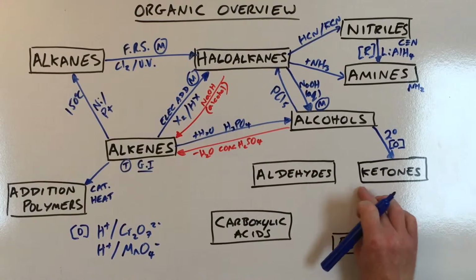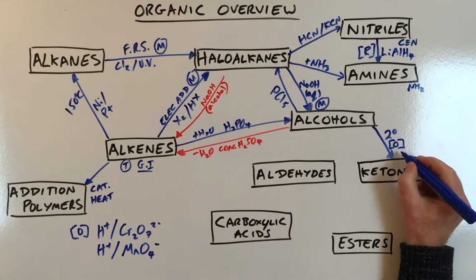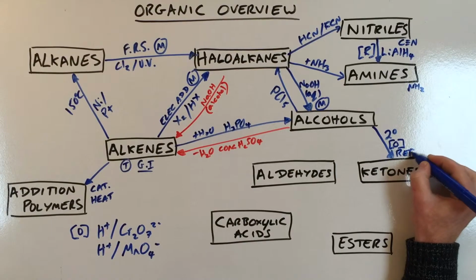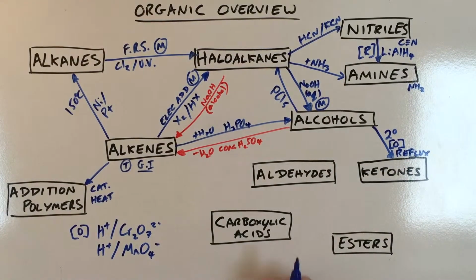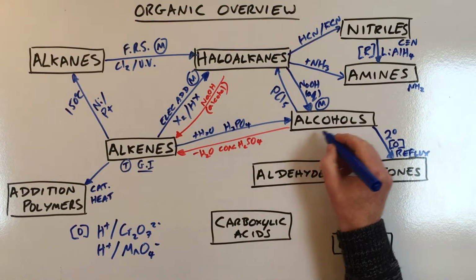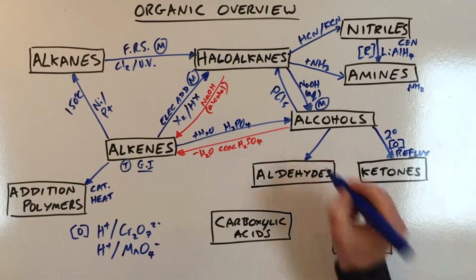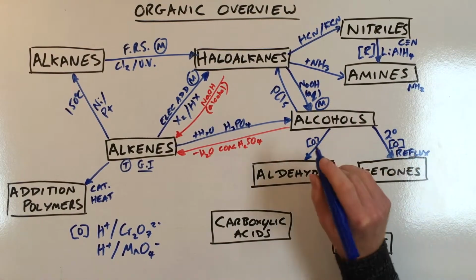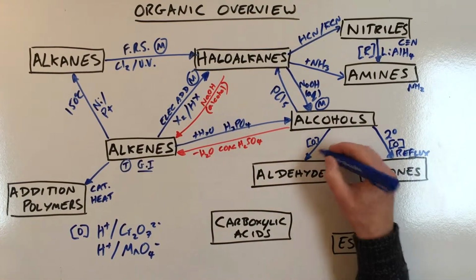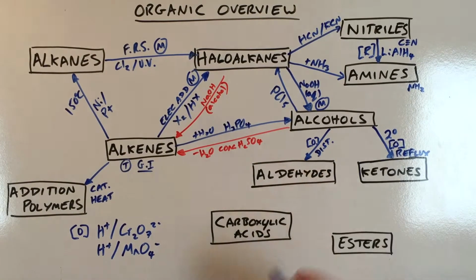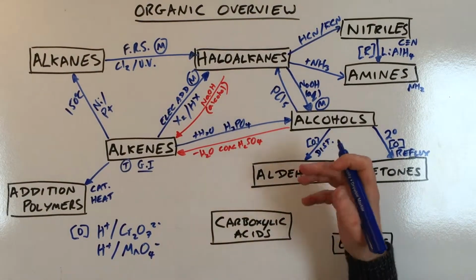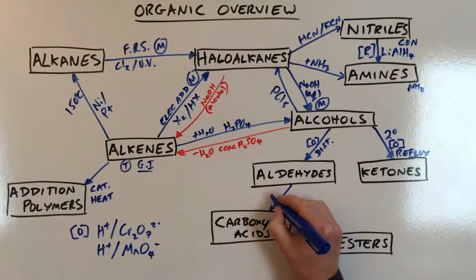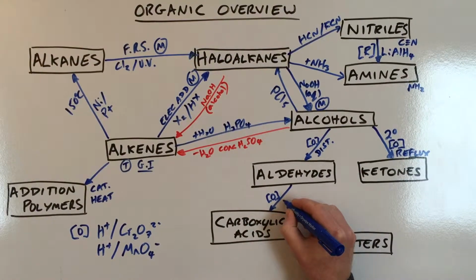Now, because these are not further oxidized, we can use reflux here. We can just heat it and keep reacting and maximize our yield using reflux. Now, alcohols to aldehydes is again oxidation using either of our reagents, but this time we need to distill it, because if we continue the oxidation, our aldehydes further oxidize to carboxylic acids.